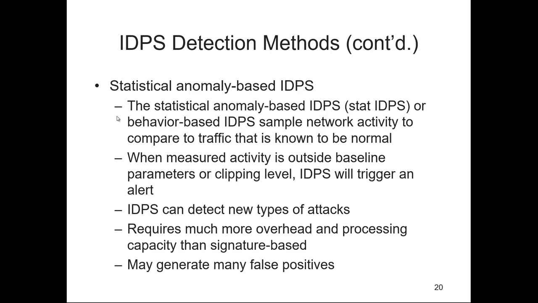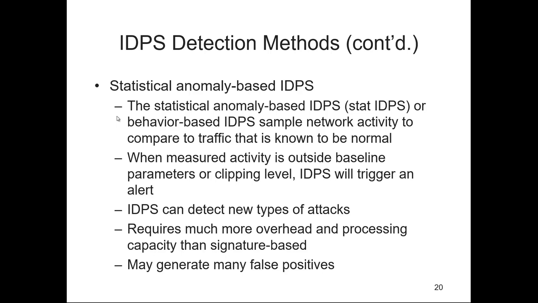The advantage of the statistical anomaly based approach is that the IDS can detect new types of attacks. So you don't have to have any new attacks or new patterns in the knowledge base, because it can already analyze the normal behavior of the network, and any abnormal behavior can be detected. So any type of abnormal activity can be detected, and then an alert will be sent to the administrator.